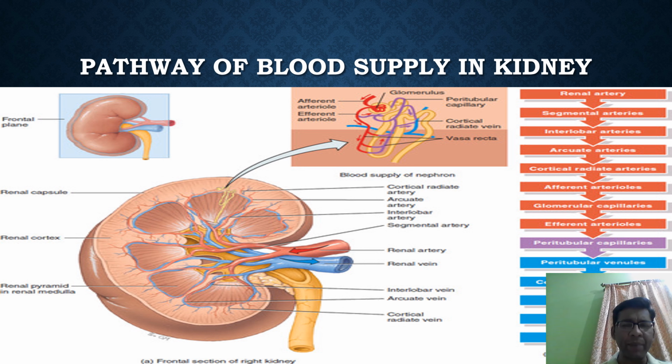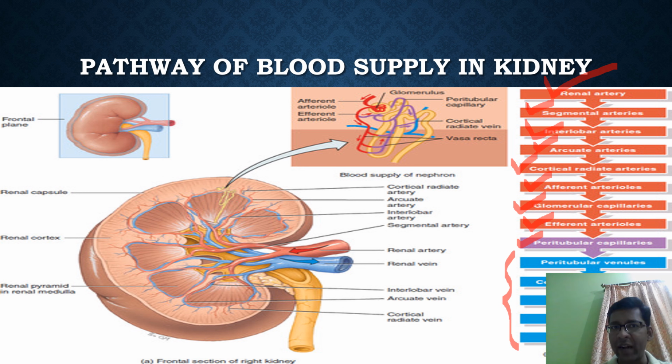Then what is the blood supply of the kidney? Kidney is a very vascular organ, so blood supply starts from the renal artery. See the right side of the slide: renal artery, then segmental arteries, then interlobar arteries, then arcuate arteries, then cortical radiate arteries, then afferent arterioles, which enter the glomerular capillaries, and it gets out from the glomerulus via the efferent arterioles, then peritubular capillaries, and then the venous drainage of the kidney.